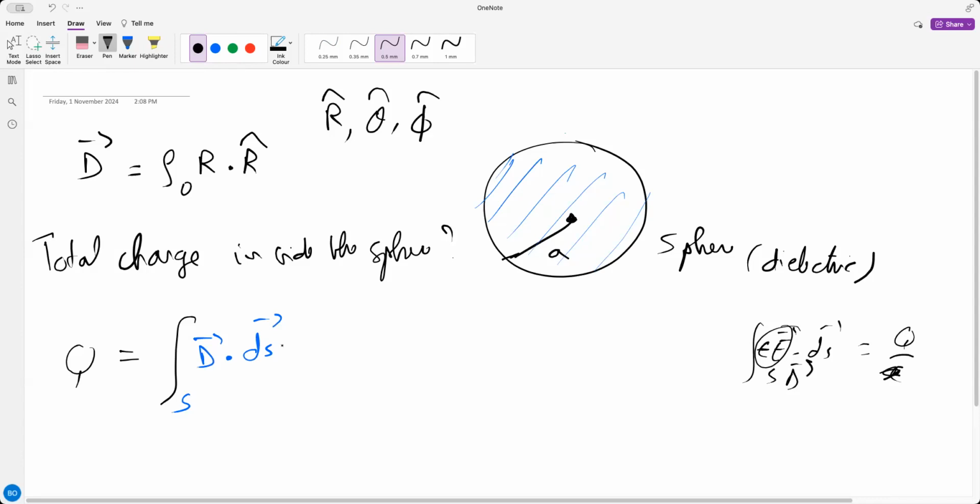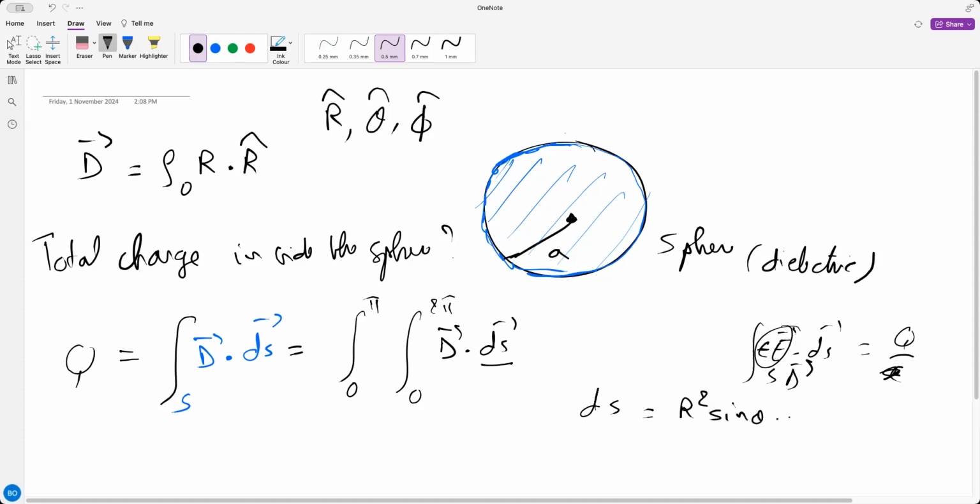Now, we are talking about the surface, this blue surface, which means the radius is a. Since it is a surface, we have to do a double integral. We integrate over theta from 0 to pi, and over phi from 0 to 2 pi, where dS, like dx dy, is equal to r squared sine theta d theta d phi.